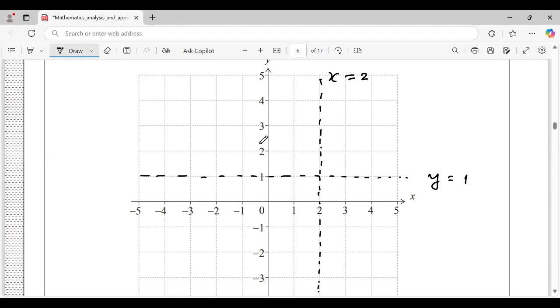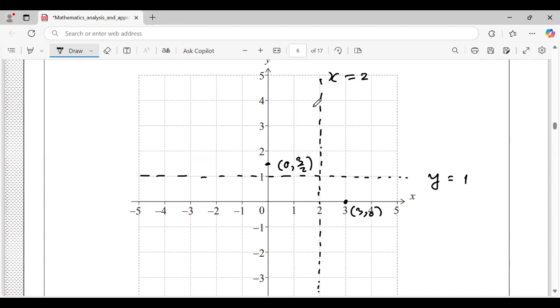And after that, the intersection between the graph and the y-axis is at (0, 3 half) here. And after that, the intersection on the x-axis is (3, 0) here.